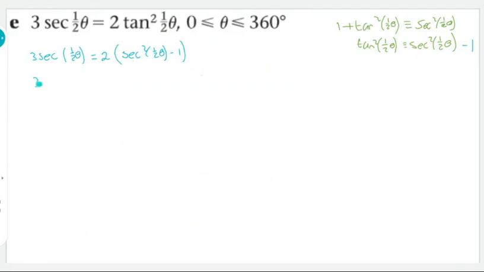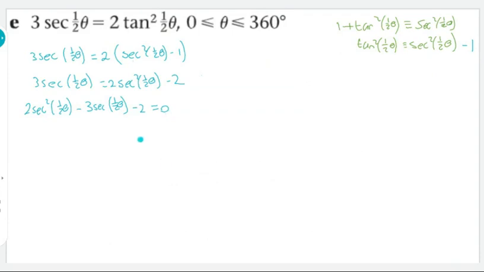And then that becomes 3 sec a half theta equals 2 sec squared a half theta minus 2, expanding the bracket. Then it's a quadratic, so 2 sec squared a half theta minus 3 sec a half theta minus 2 equals 0.